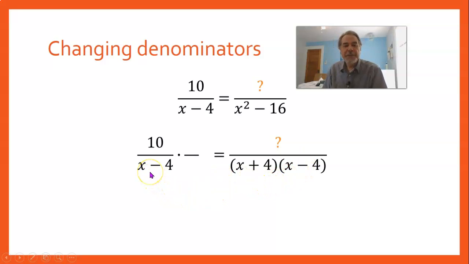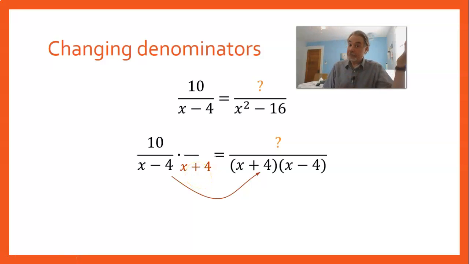So to get from just x minus 4 to x plus 4 times x minus 4, what is the missing factor that we have to multiply by? Well, that would be x plus 4. So to multiply by x plus 4 on the bottom, we better multiply by x plus 4 on the top at the same time.